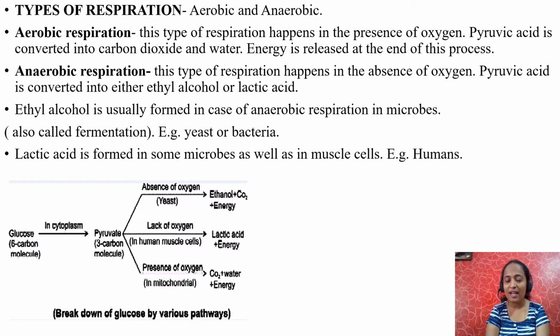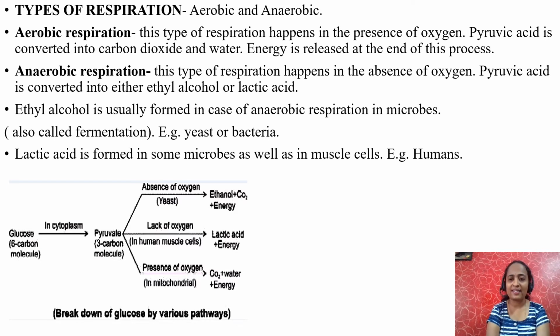What is that process? Anaerobic respiration. The breakdown of glucose in the absence of oxygen in the body of bacteria and yeast. What are the final products? Yes, that is ethyl alcohol, or commonly called ethanol. C2H5OH. Note down, C2H5OH, ethanol or ethyl alcohol.